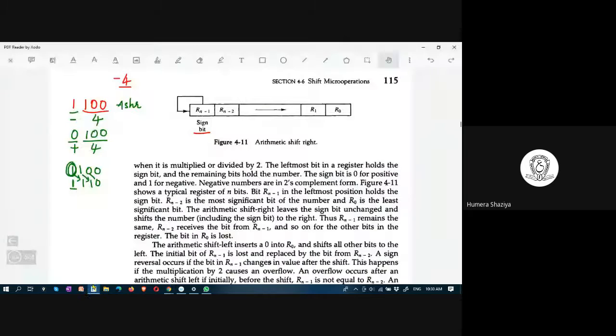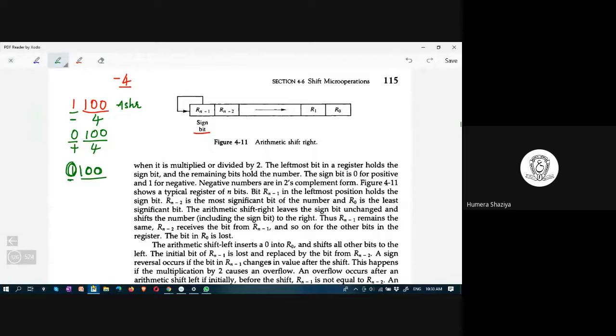Okay, students, here what happens is, if you consider an 8 bits number, it would be easy, but I'll try to explain with this only somehow. This is our number and this is our sign.